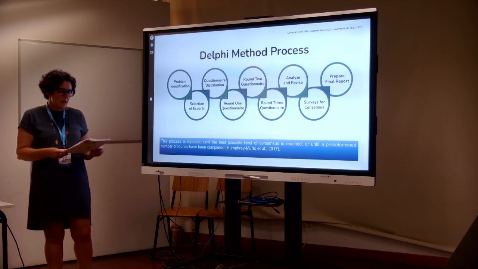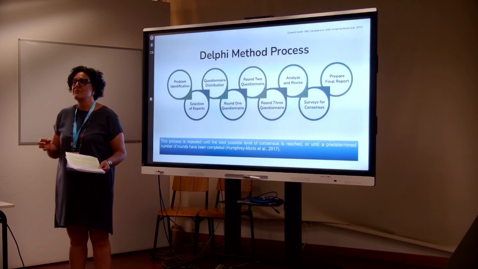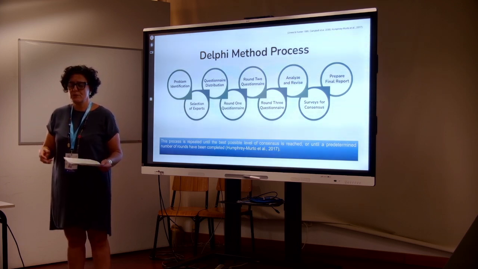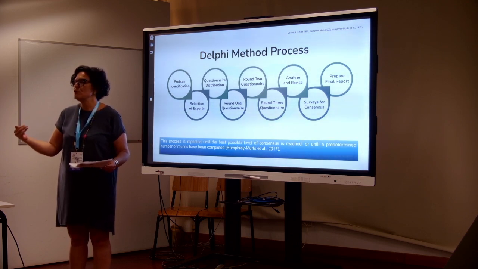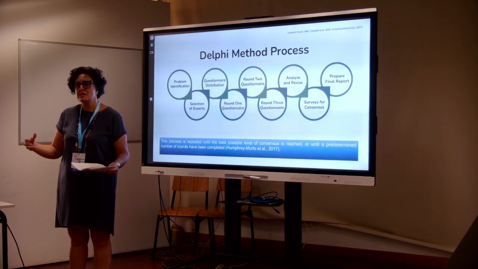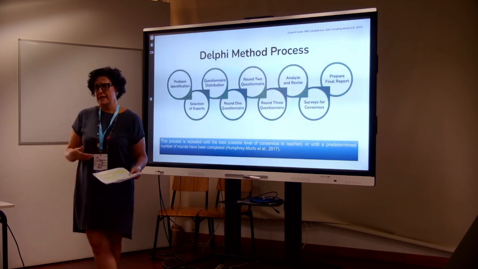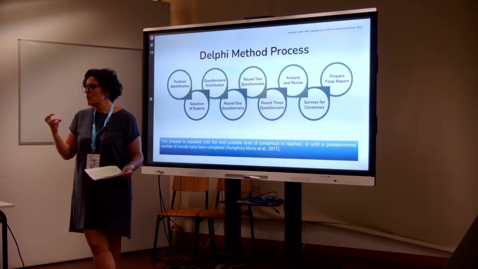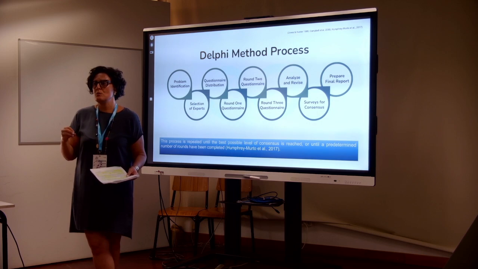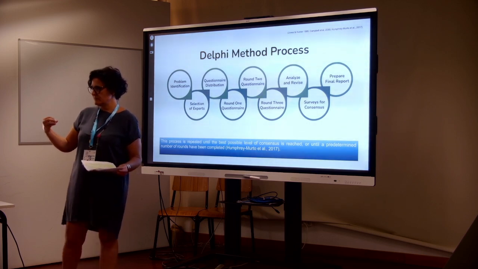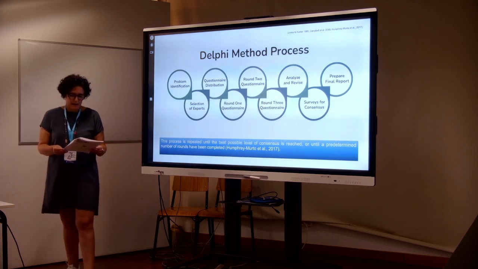So, as I was saying before, the first step is very important and very relevant. It's the definition of the problem. You may also have to develop a set of resources or information for the experts in order to focus, to be more objective, and to define very well what the problem is, the subject that is being debated.